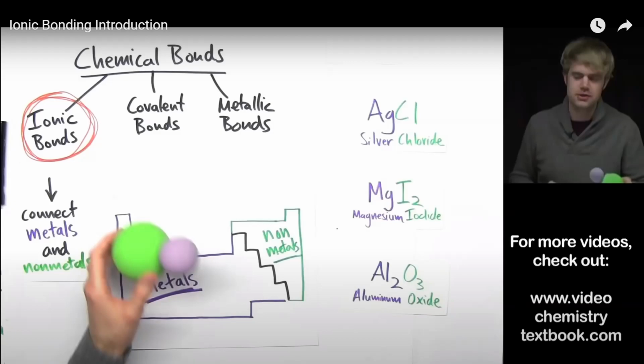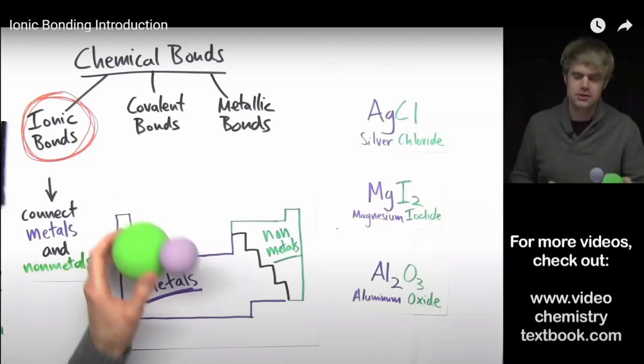Which one do you think is happening between, say, the silver and the chloride? What do you know about this metal? It is positive, right? And what do we know about the non-metal? It is negative.